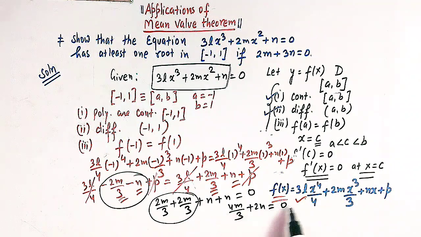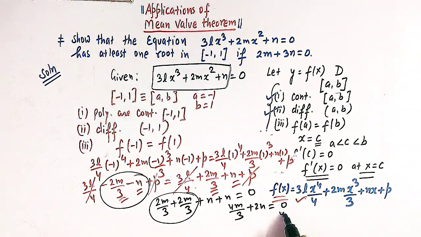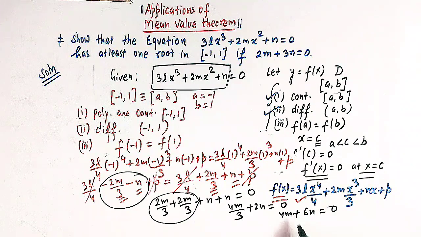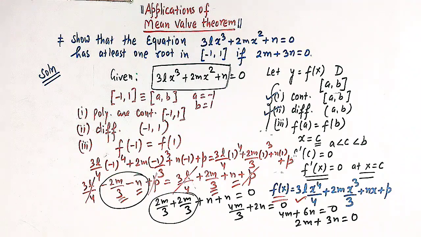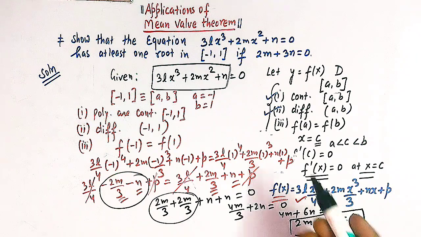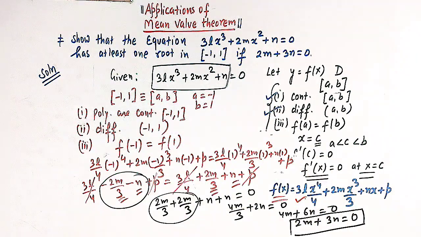So multiplying both sides by 3, we have 4m plus 6n is equal to 0, and dividing both sides by 2, we have 2m plus 3n is equal to 0, right?